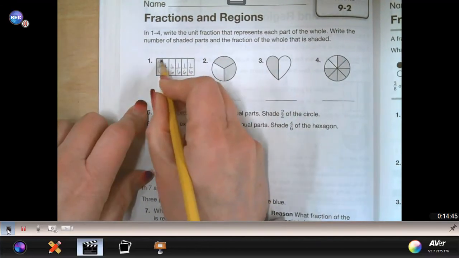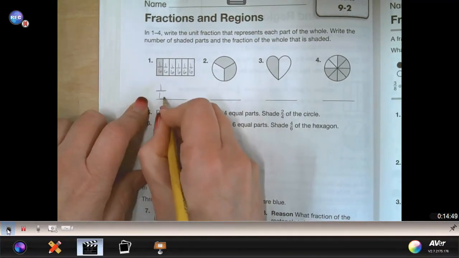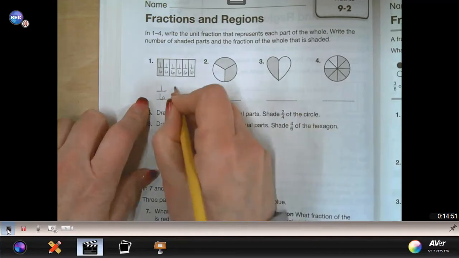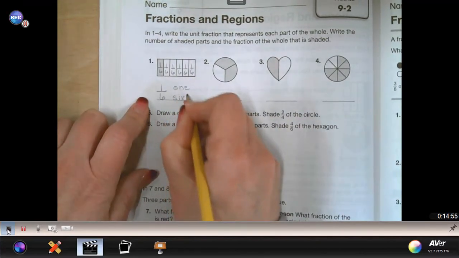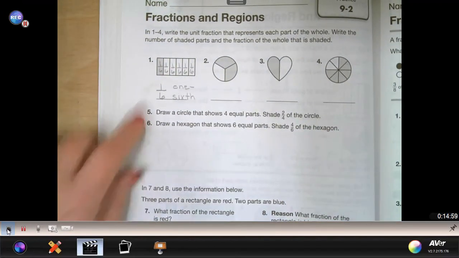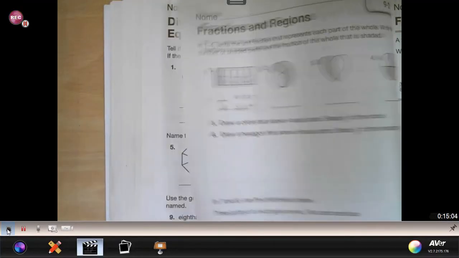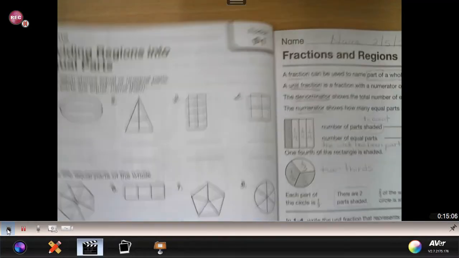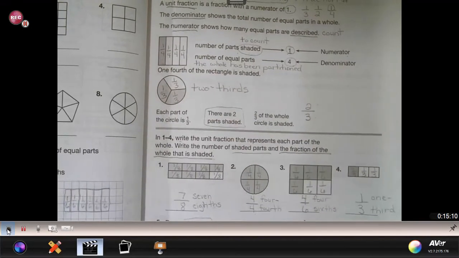You're going to tell me how much of that rectangle is shaded, which in this case is 1/6, and you are going to write it as words next to it, 1/6. So same thing for number 2, 3, and 4. Just like I showed you here in the front for our reteach section, okay? All right, that's your model.